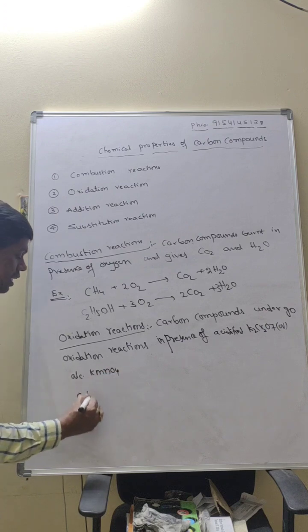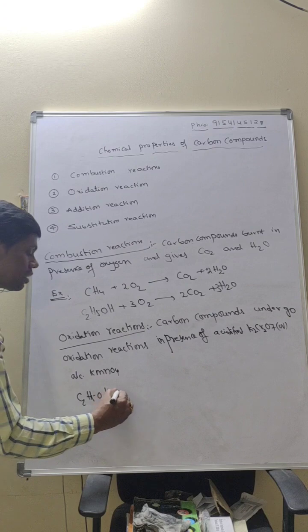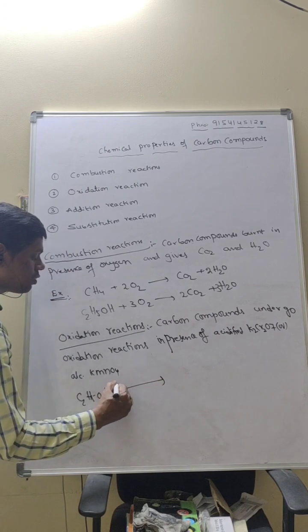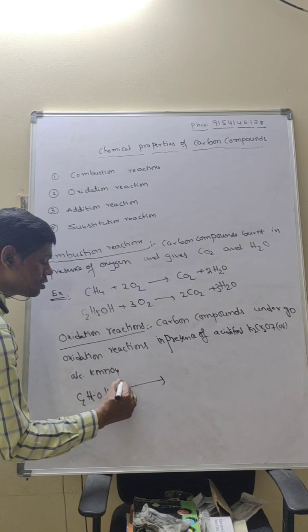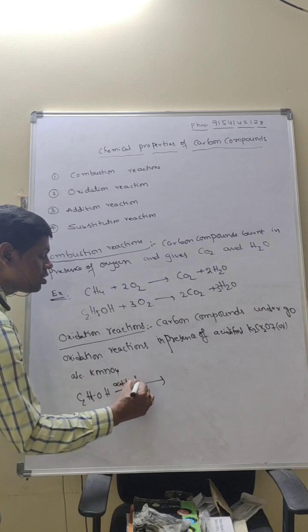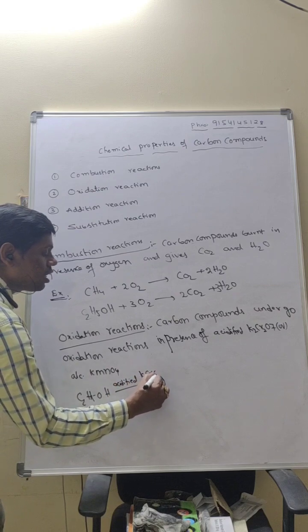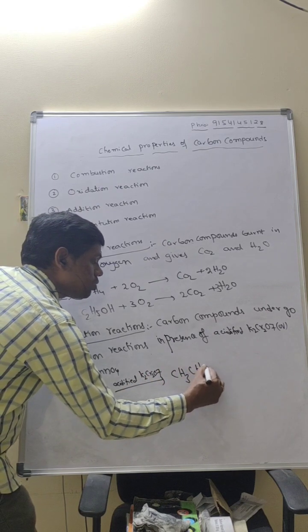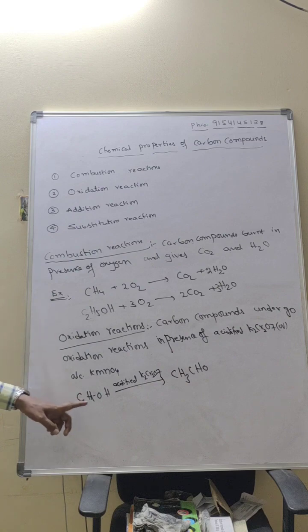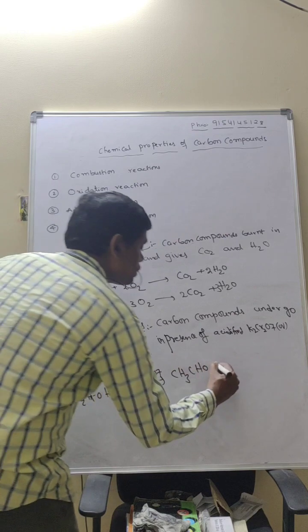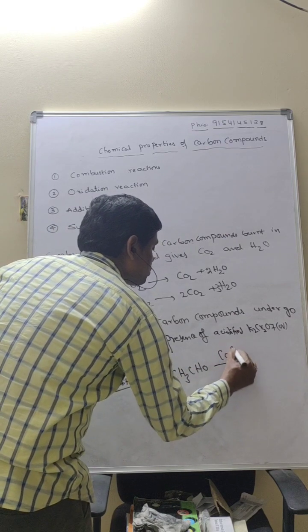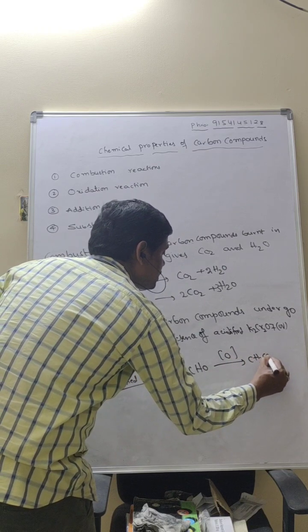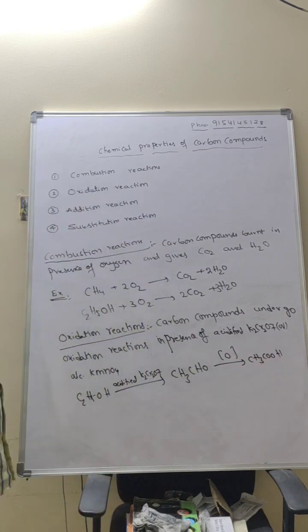Example is ethyl alcohol in the presence of acidified K2Cr2O7, that gives CH3CHO. Oxidation means gain of oxygen or loss of hydrogen. Here loss of hydrogen takes place. Then again this is oxidized and converted to CH3COOH, means gain of oxygen takes place.